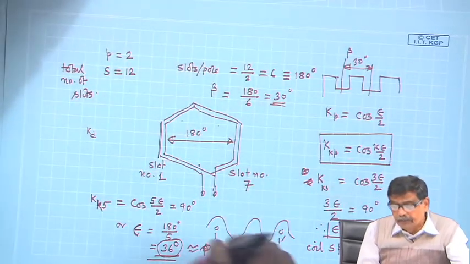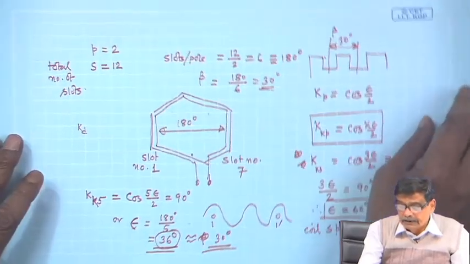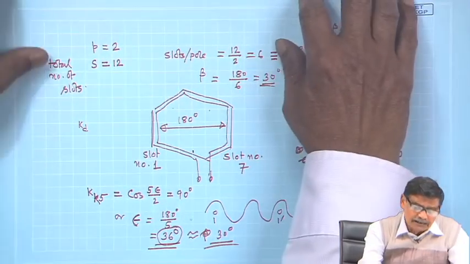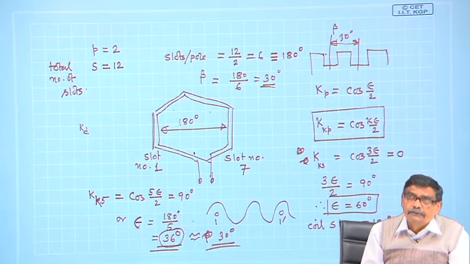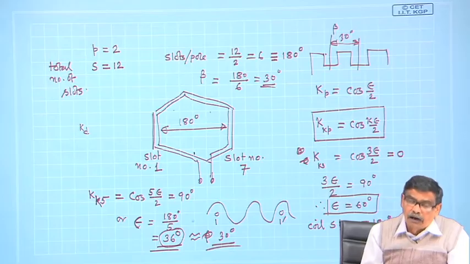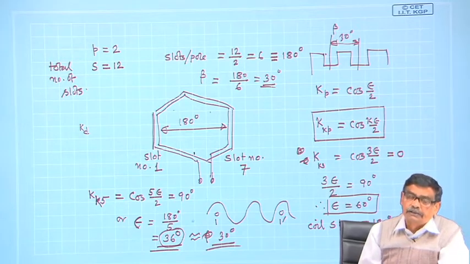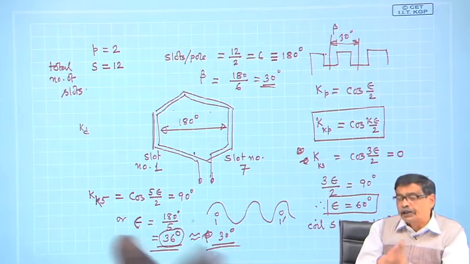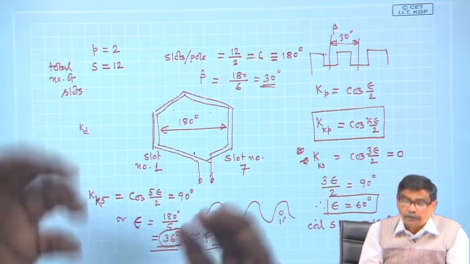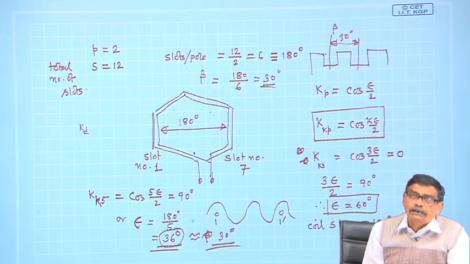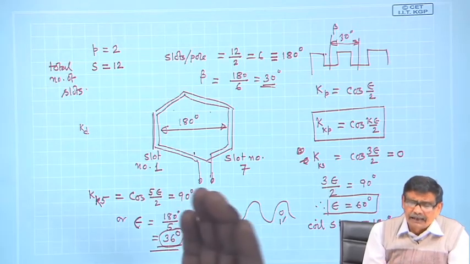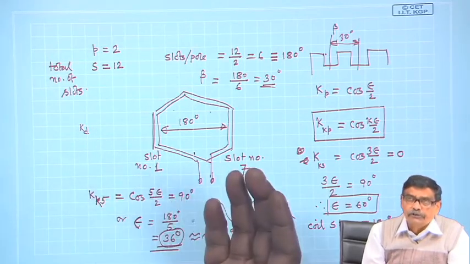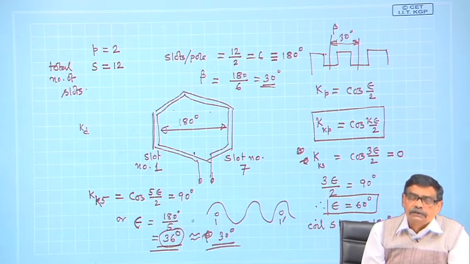And why short chording? Short chording is necessary, assuming that space harmonics cannot be totally eliminated; there will be odd harmonics present like third, fifth, seventh, etc. For a given number of total slots, number of poles, etc., I can calculate beta. What is beta? It is the angle between two consecutive slots, the same as the angle between two consecutive teeth.